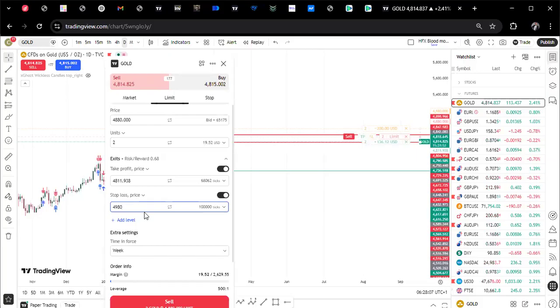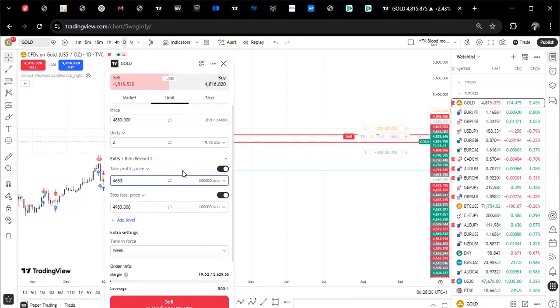This is like 100 points, 100 pips or 1,000 pips, whatever the case is. And your TP is 4780, so this is like 1:1, or you can say 4680.